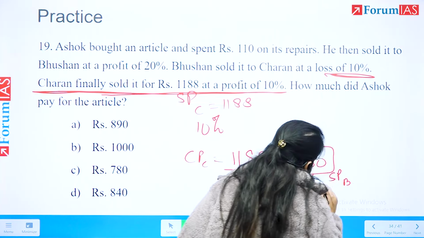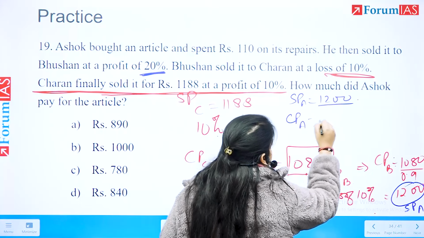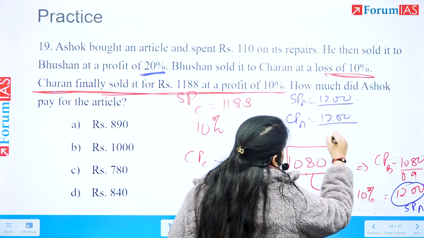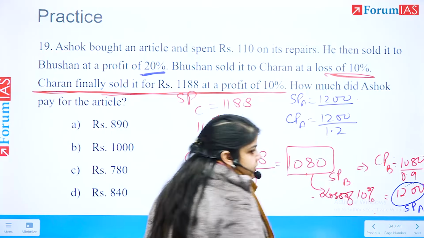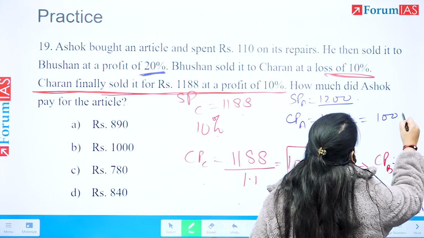So if selling price for Ashok is equal to 1200 and profit of 20%, what is the cost price for Ashok? 1200 divided by 1.2. This is equal to 1000.